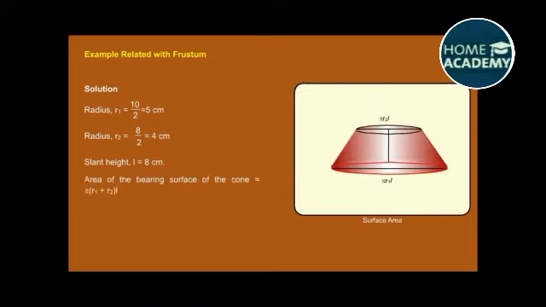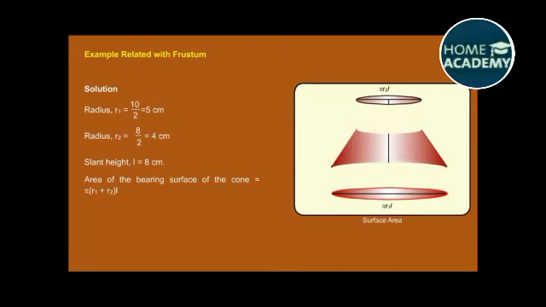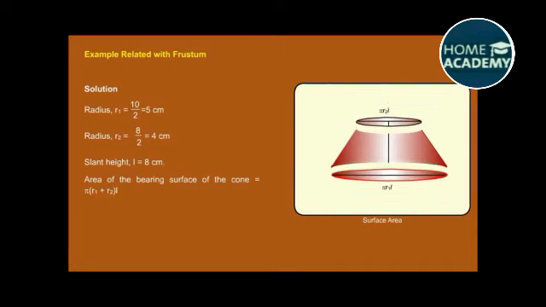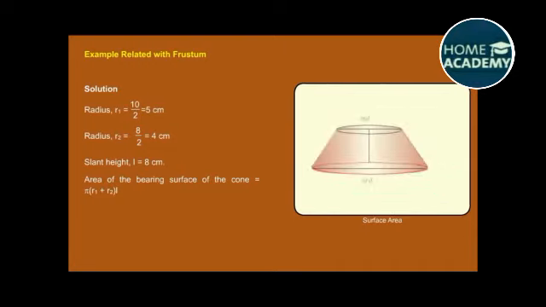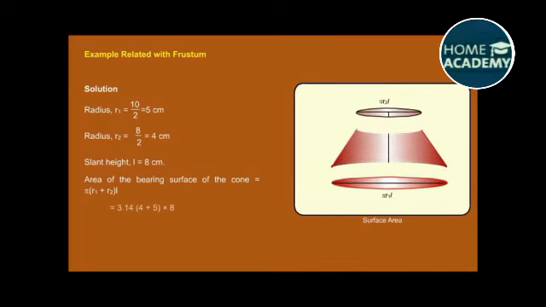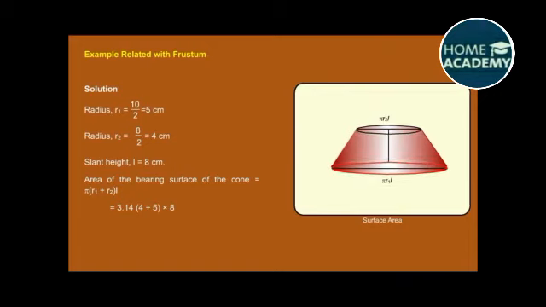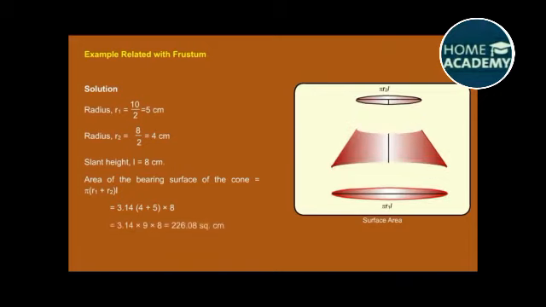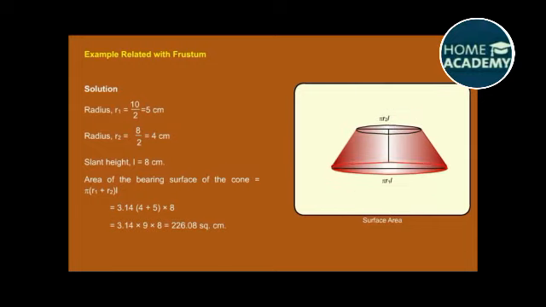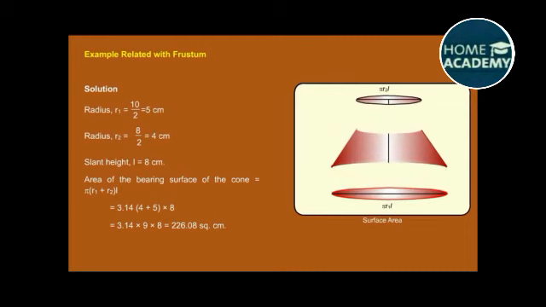Area of the bearing surface of the cone is equal to π (R1 + R2) L, is equal to 3.14 × (4 + 5) × 8, is equal to 3.14 × 9 × 8, is equal to 226.08 square centimeters.